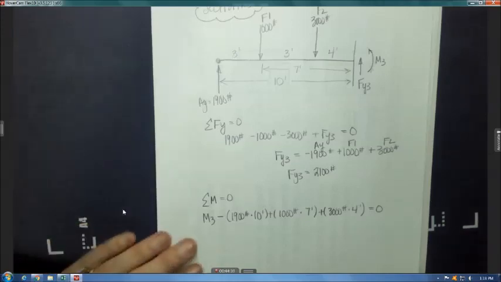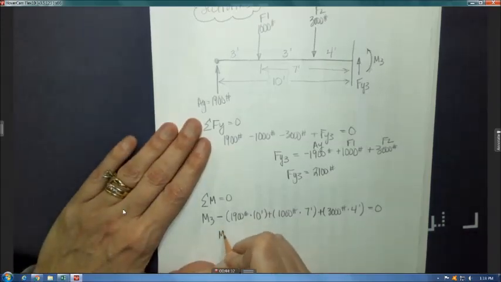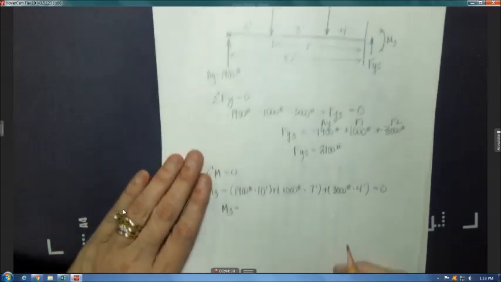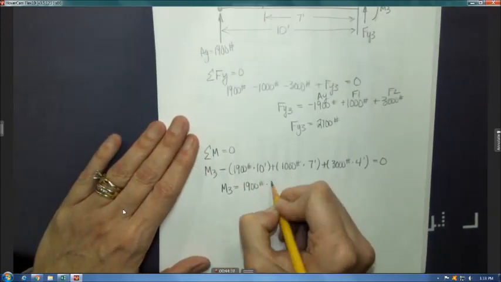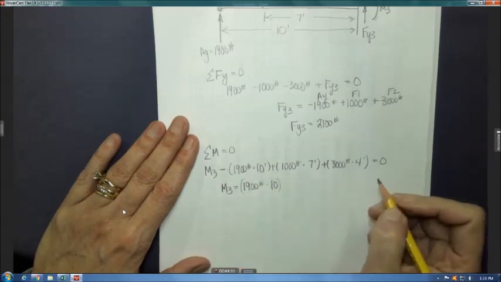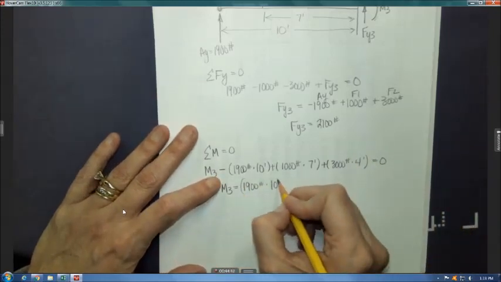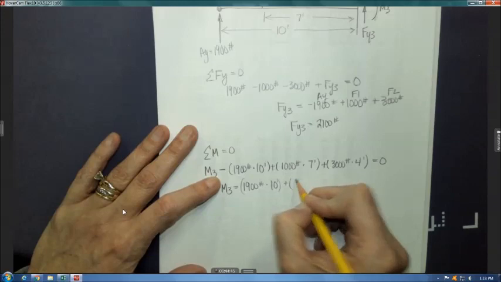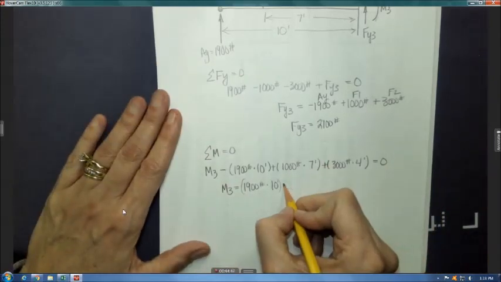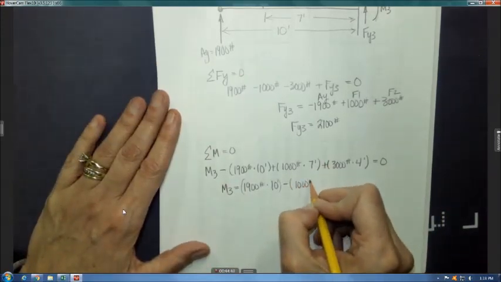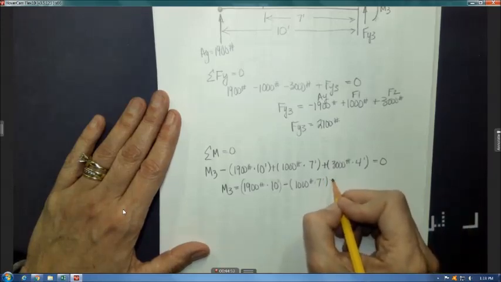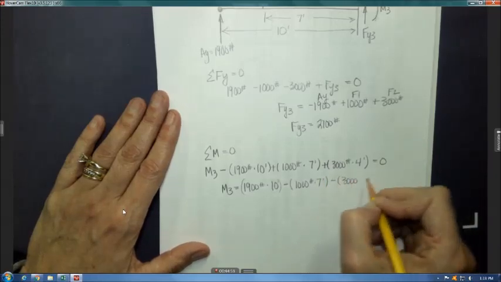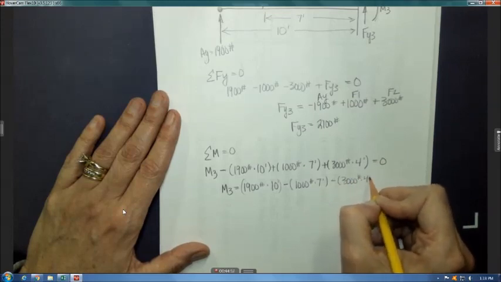Now, I'm going to have M3 is going to be equal to, and this will be 1,900 times 10 feet, okay, plus, I'm sorry, minus, I'm going to switch to the other side, 1,000 times 7 feet minus 3,000 times 4 feet.